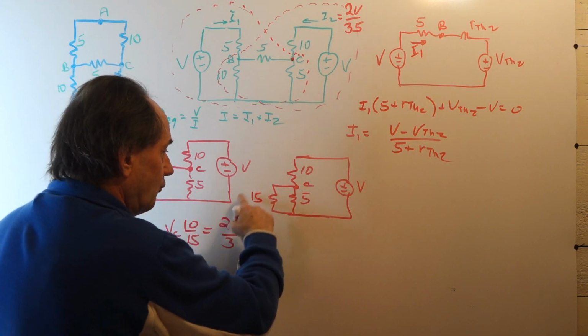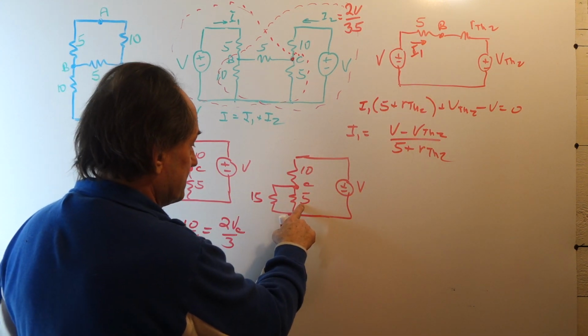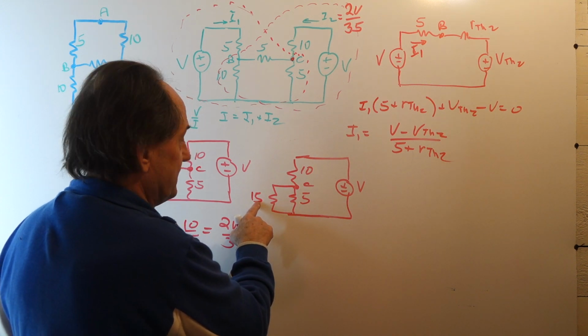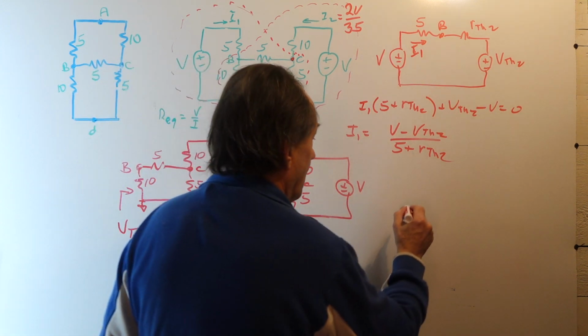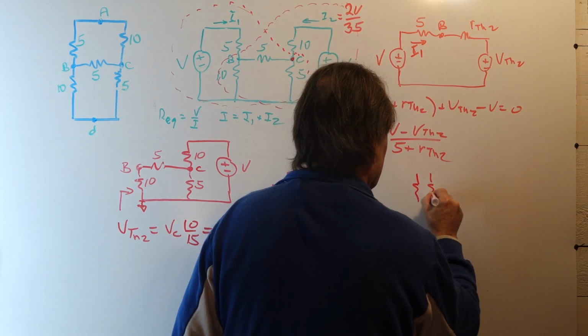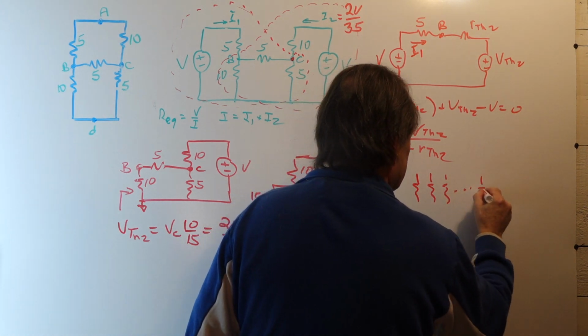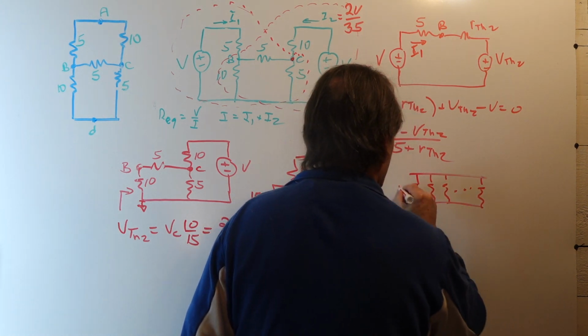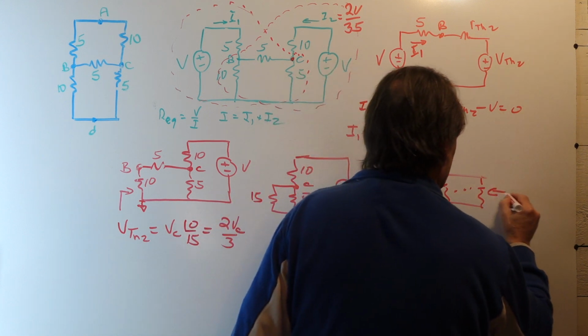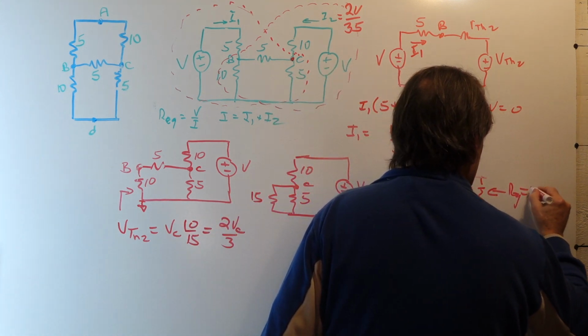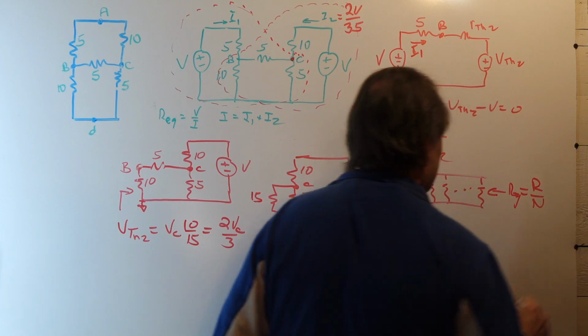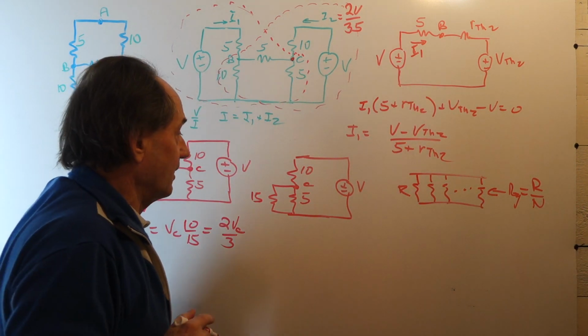Well, we note that a 5 ohm resistor can be thought of as 3 15 ohm resistors in parallel. Whenever you have n resistors of the same value in parallel, the equivalent resistance is just R over n, divided by how many resistors are in parallel.